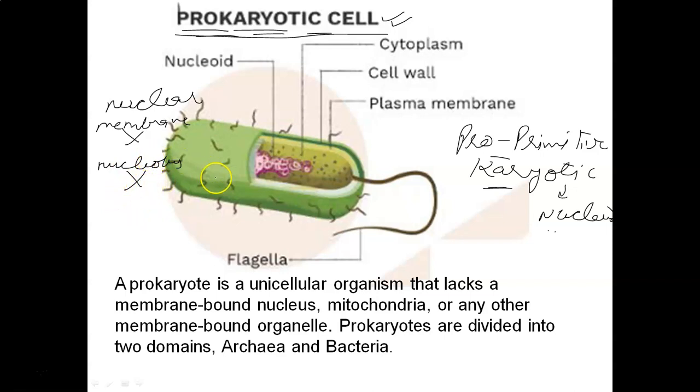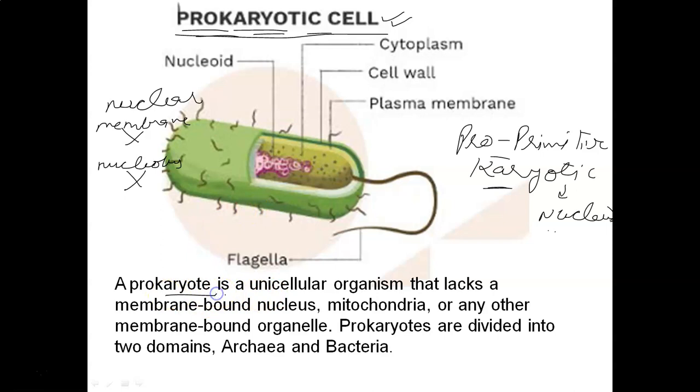And the DNA or chromosome is present, right? So here the nucleolus is not required. A nucleus is not required to have DNA in the cell. Got it? Yes. The prokaryotic organism.